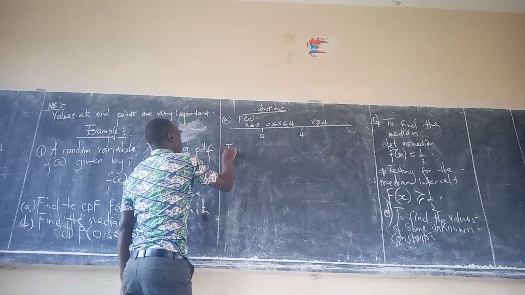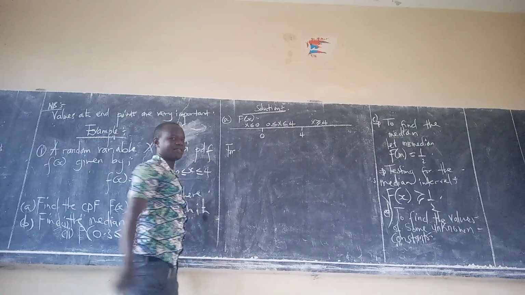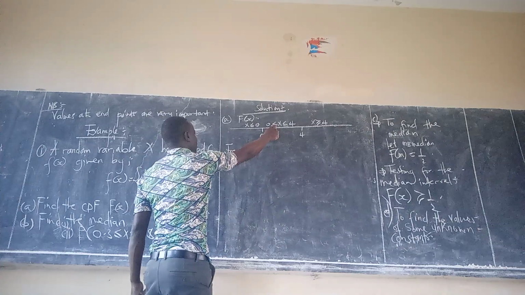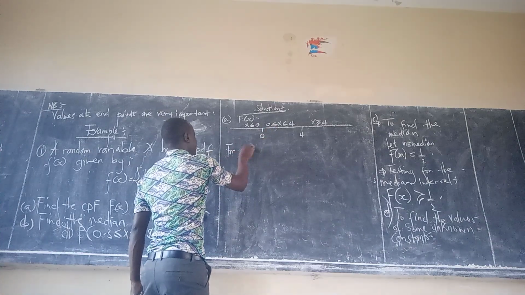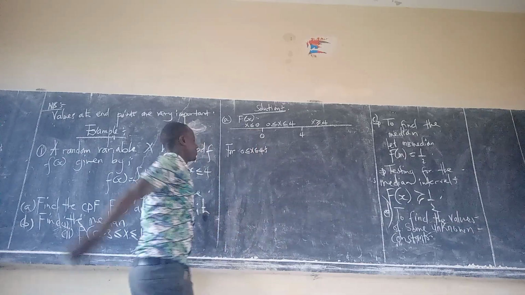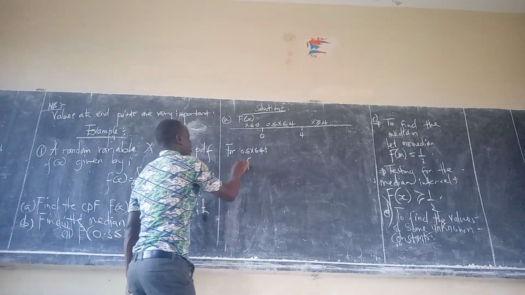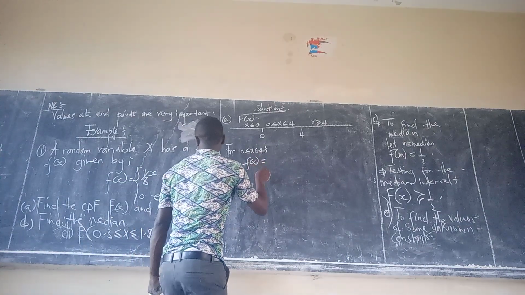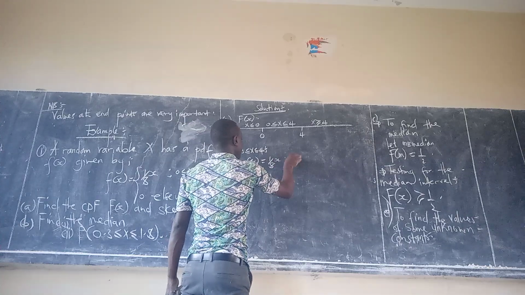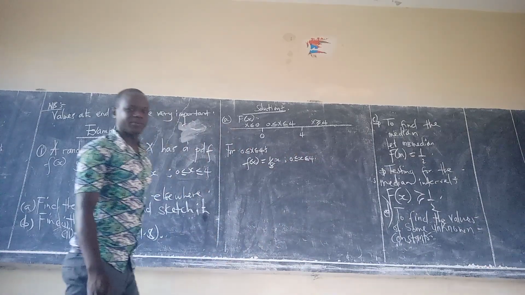So after getting the intervals in which the CDF is going to be defined, you start with this one. For the interval 0 is less or equal to x, less or equal to 4, our small f of x is defined as 1 over 8 x, when x runs from 0 up to 4.